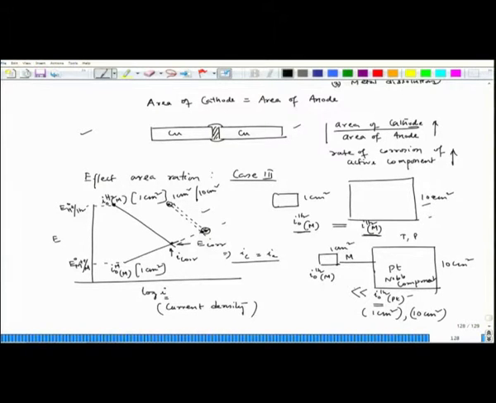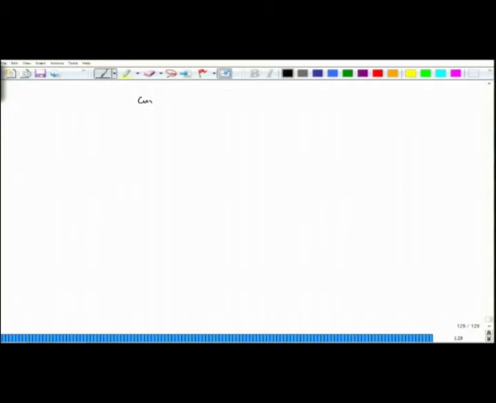Now, in order to tackle this, if we consider current instead of current density, we would see that this can be explained by the same Evans diagram. The only change would be, instead of current density, we will shift to current.